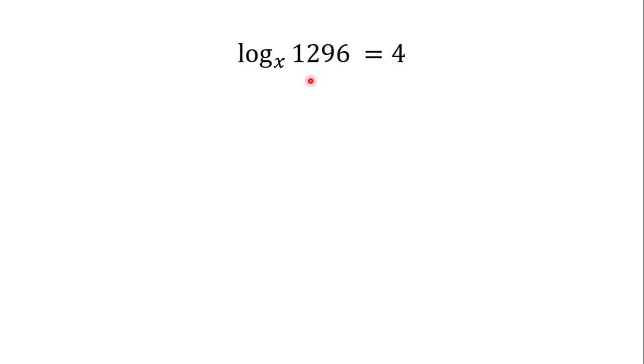In the first one, the numbers involved could leave you wanting to know how to reduce them if you don't use a calculator. All right, log 1296 base x is equal to 4. Here, how are we going to find the value of x?